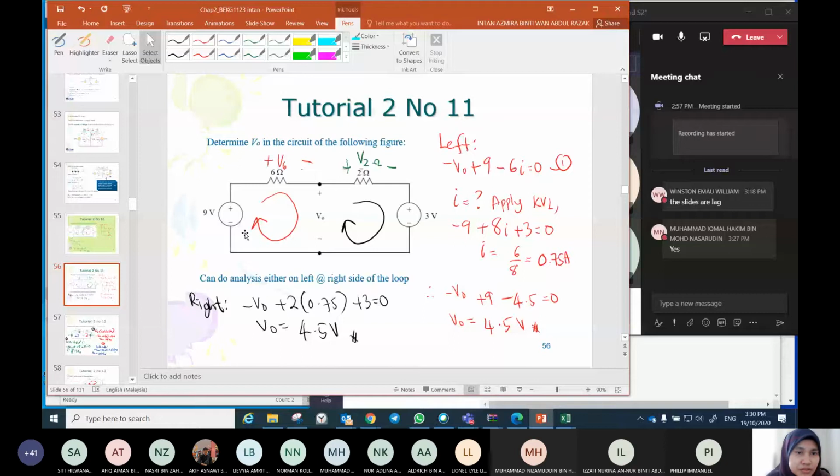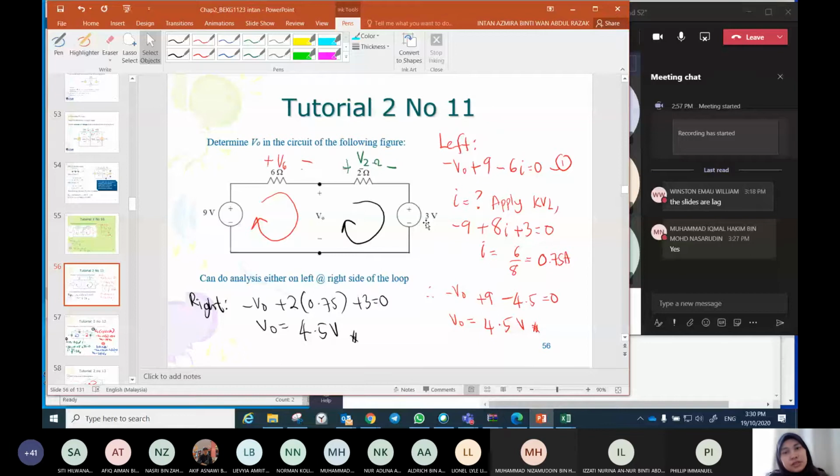That involves the 9 volt and 6 ohm, or V0 is also equal to the voltage at the right side. It involves the voltage of the 2 ohm; let's name it V2 ohm here. This is V of 6 ohm. So V0 involves V of 2 ohm and this voltage source.